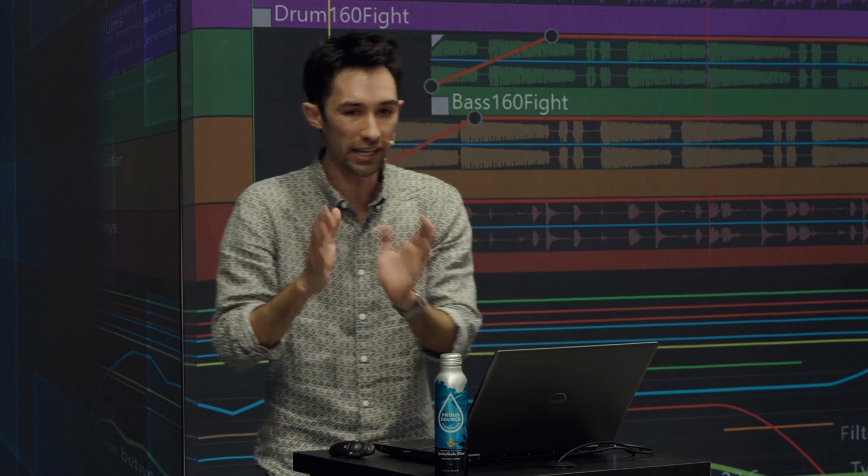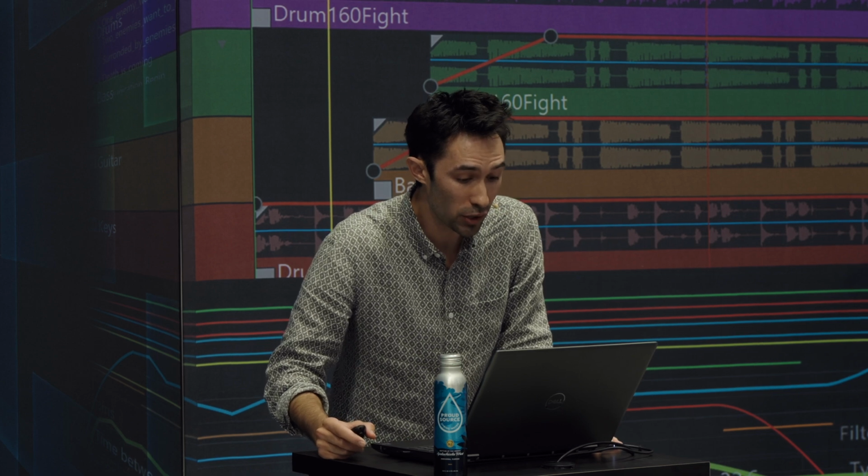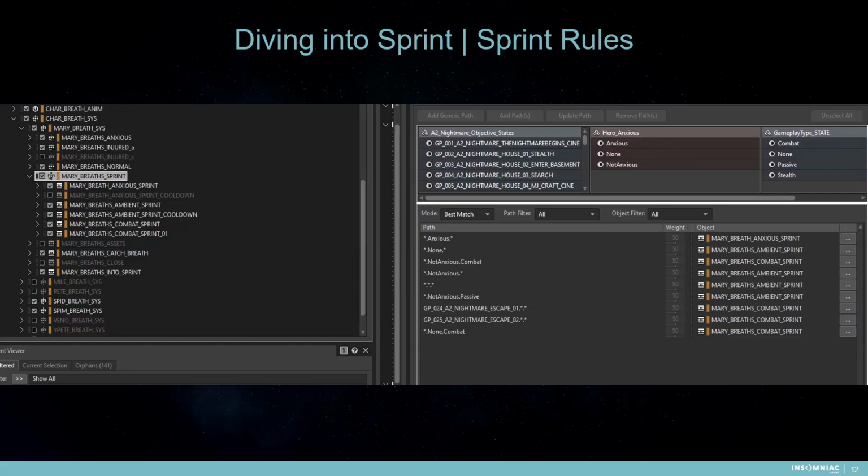And so we're like, no, right here in this part of the game, we want her to play her combat sprinting, and we want it to sound like she's really running away from this person. So we were able to say, in A2 Nightmare Escape 1, in that section, only play her combat sprint. In A2 Nightmare Escape 2, only play her combat sprint. And so as you can see, we're able to have a lot of leverage here, and we're able to really trigger things when we want to trigger them.